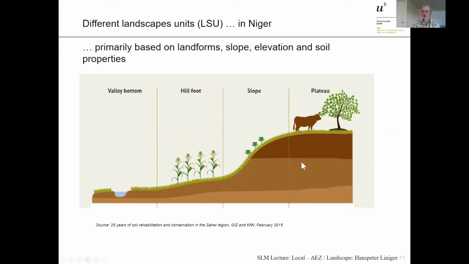It could be also maybe 50, 60 meters altitude difference. But these have again different potentials, different constraints, and they need to be treated differently, based on landform, slope, elevation, and soil properties.